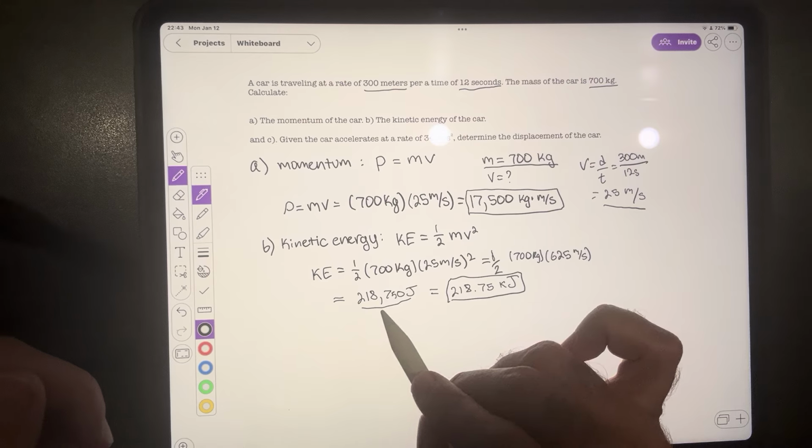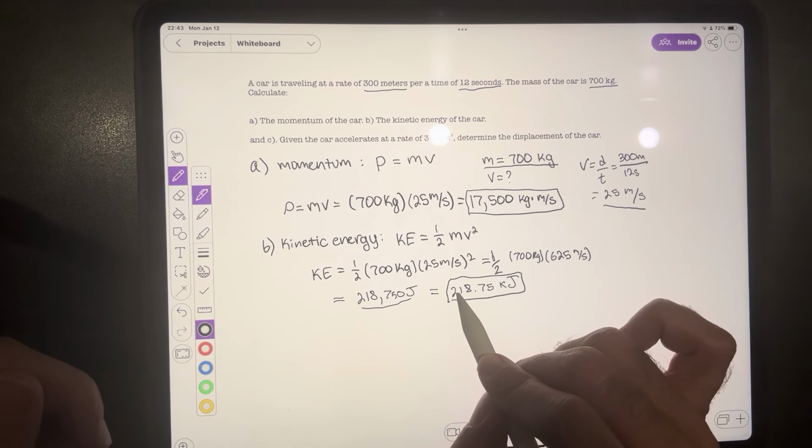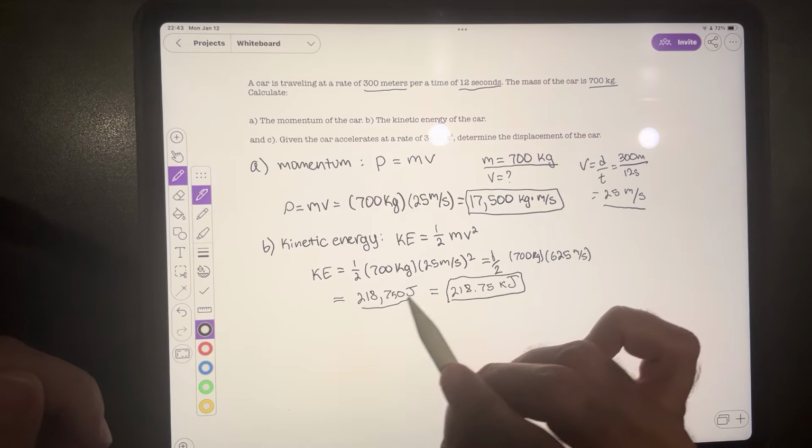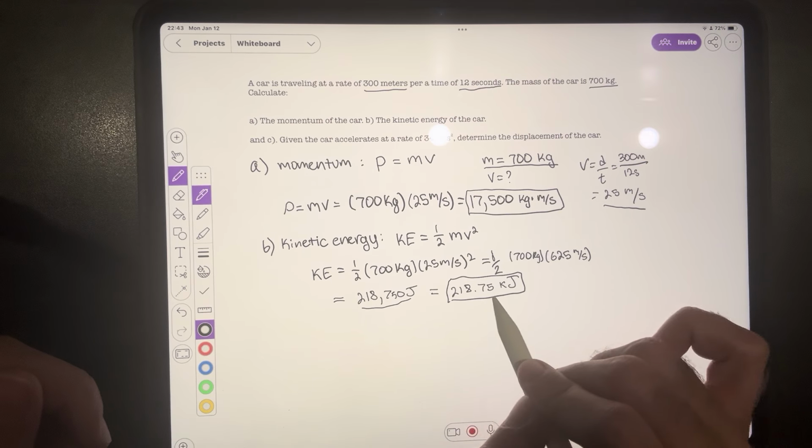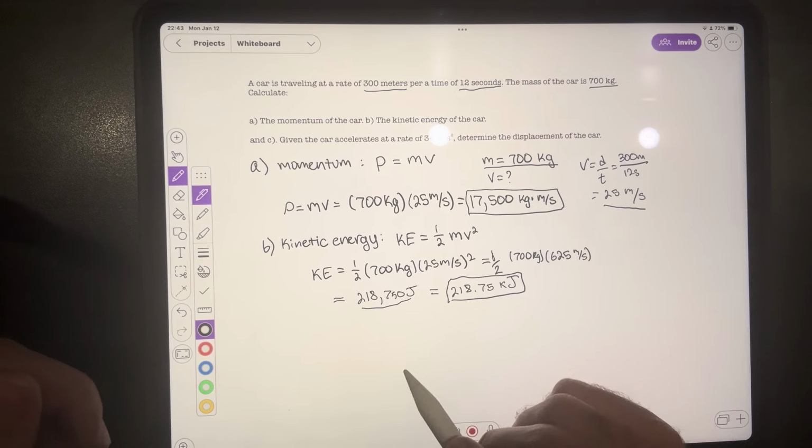Now, this conversion is not necessary here. It's just a way of making a smaller and more concise value.